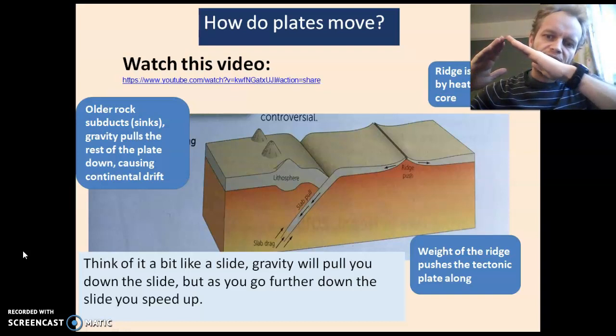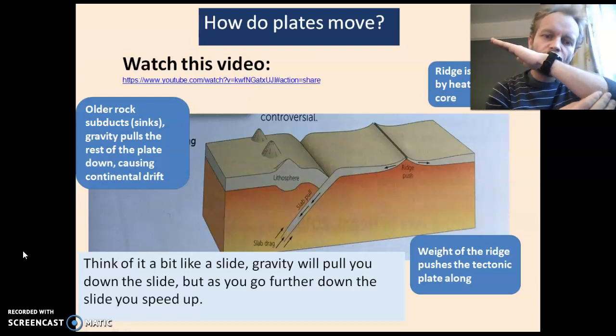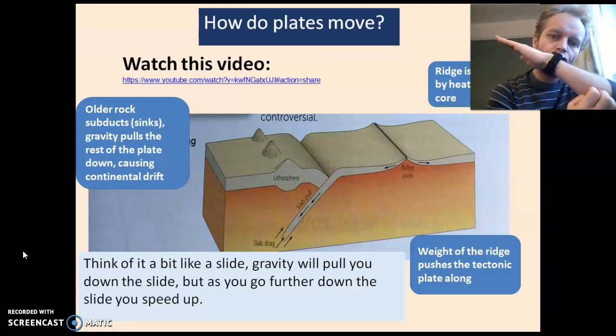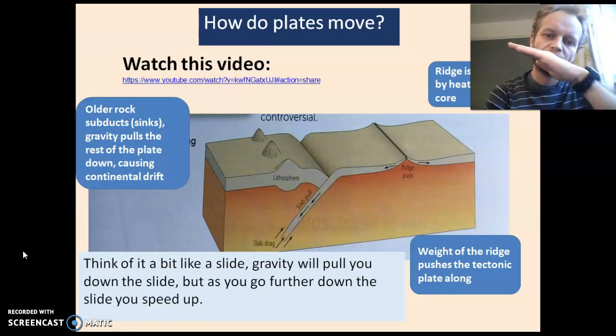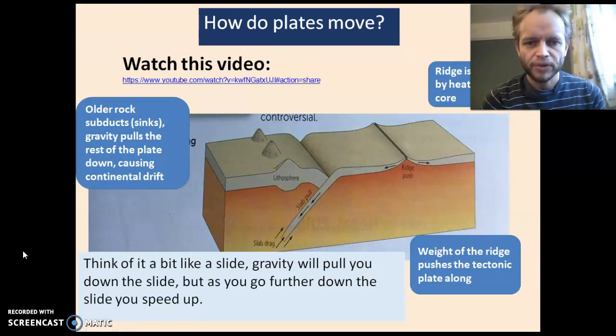They start to slide down, and so that part's called ridge push. And then at the bottom end we've got slab pull, so the weight of these masses of rock is pulling down using gravity, pulling down the tectonic plates.